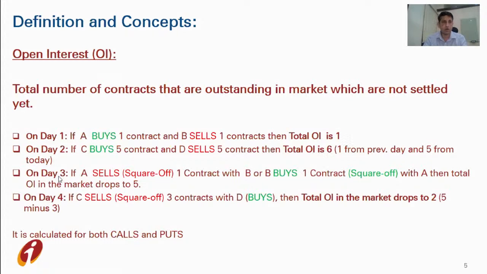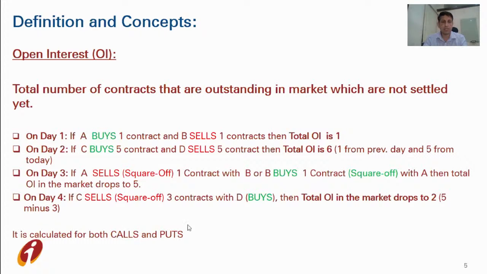On day 3, if A, who already has an open position, wants to square that off with B, and B wants to sell the 1 quantity, then the total open interest will drop down to 5. And if C wants to sell only 3 contracts, and D wants to square off his 3 contracts, then the total open interest in the market will drop down to 2.